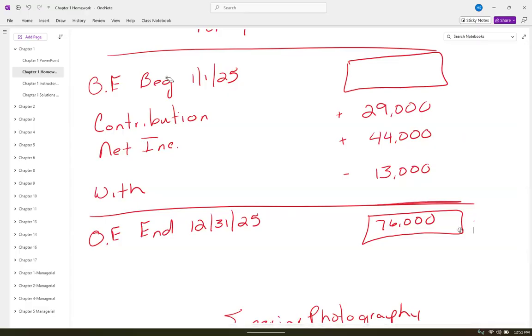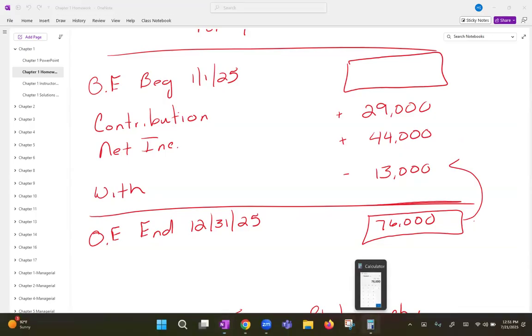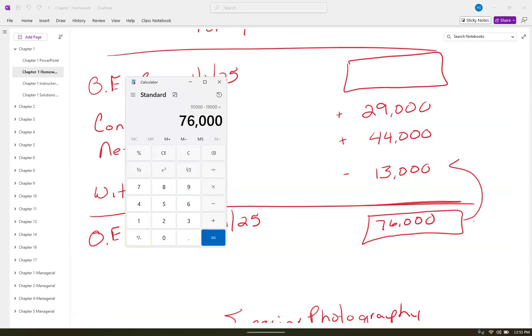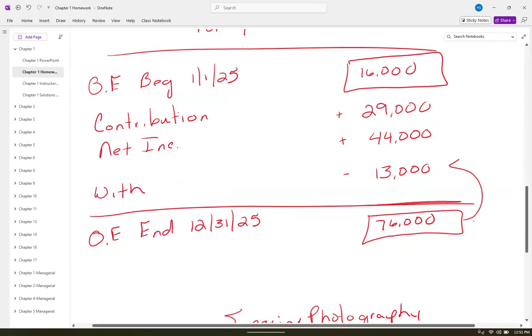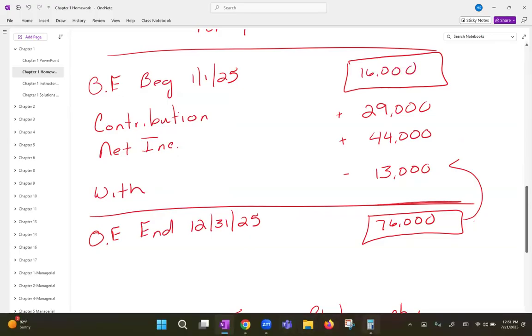The way I put it in my calculator is I'll start with the 76,000 and then I work backwards. So remember the opposite happens. So this would have been subtracted from that number. We're going to add it. Then we're going to subtract those two. So let me get my calculator here and show you. We got 76,000. I'm going to add 13,000. I'm doing the opposite. Subtract 29,000 and subtract 44,000. That gives me $16,000 in the beginning balance of owner's equity.